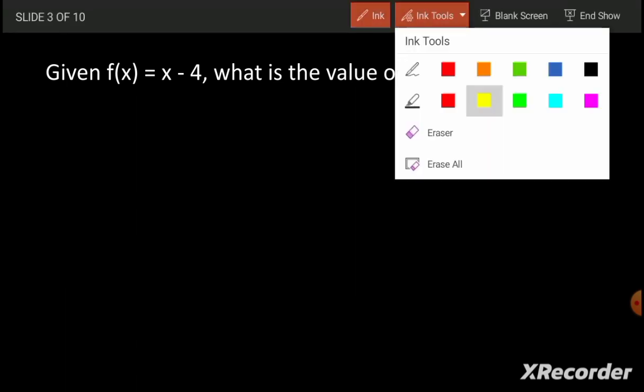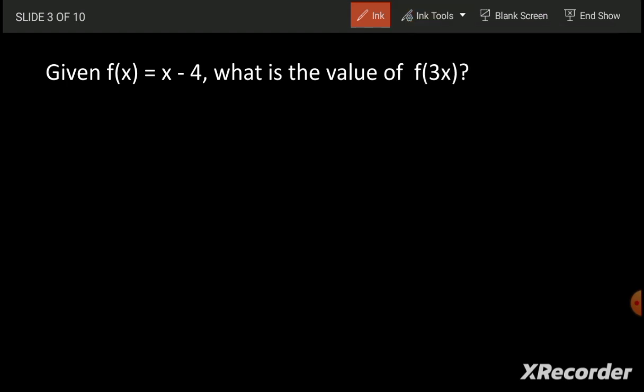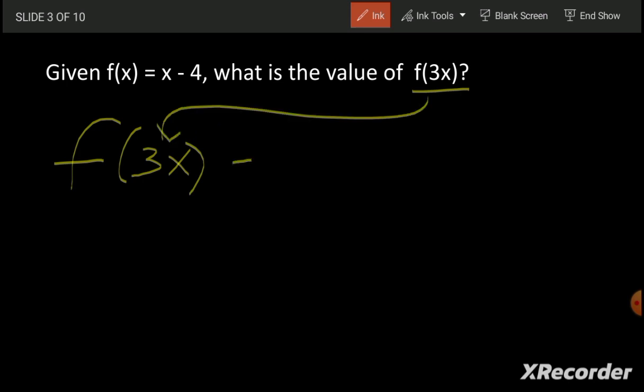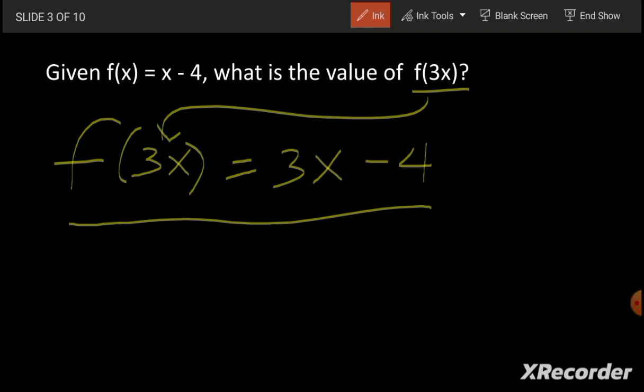So we have to replace x with 3x from here, equals x is now 3x minus 4. So the value of f of 3x is now 3x minus 4.